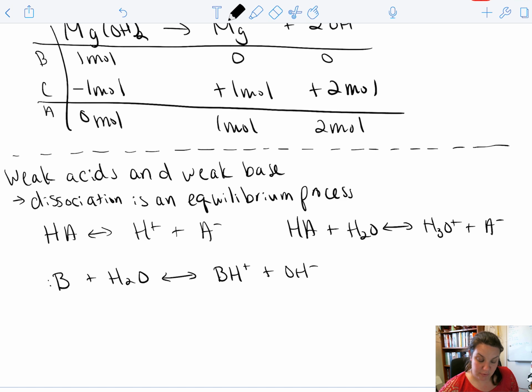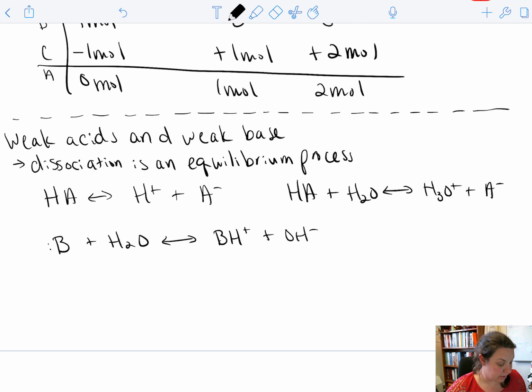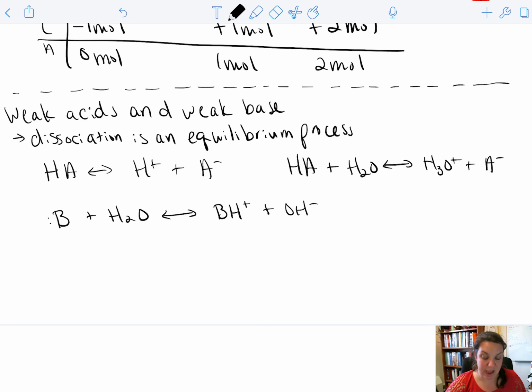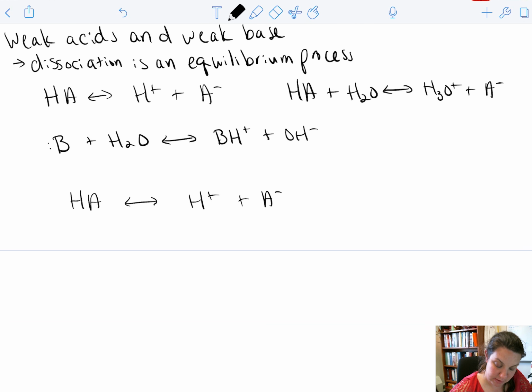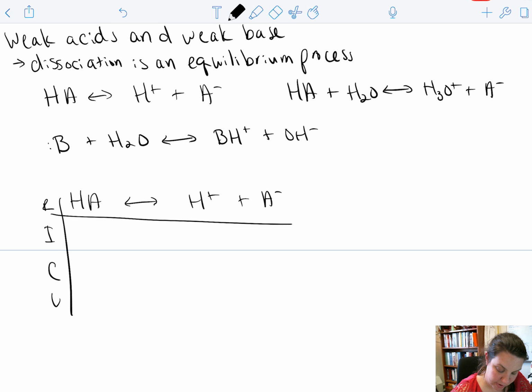And when we want to look at their dissociation, we would look at a RICE table for this. So let's start with HA. So when this breaks down into our H plus and our A minus, look at our RICE table.